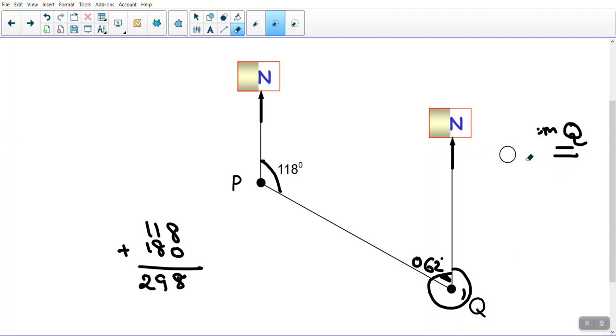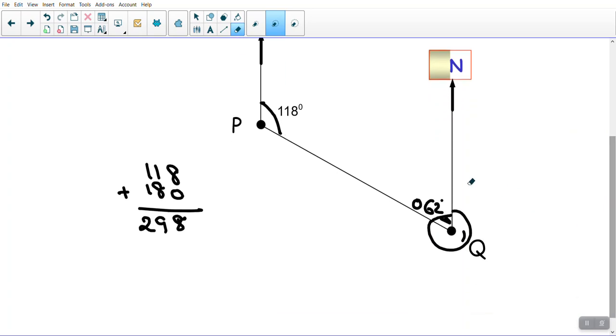Either way, whichever one works for you, you can use that. So here, the return bearing of P from Q is 298 degrees.